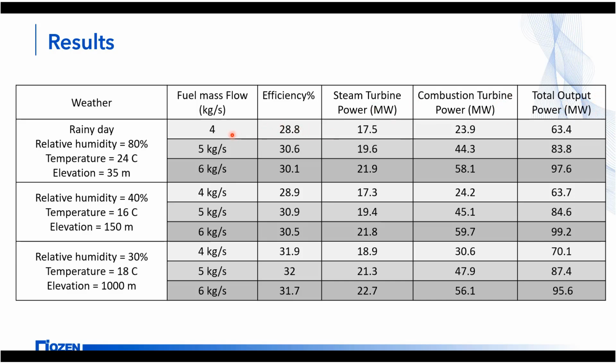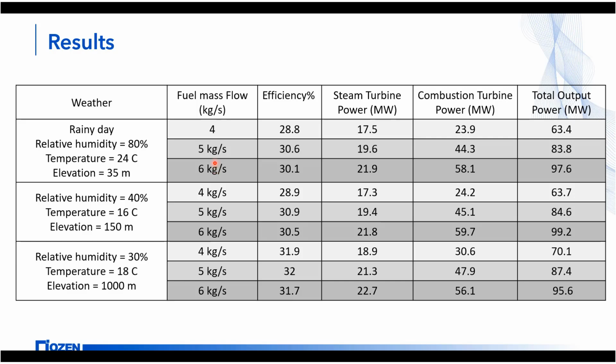So you can see that when we change the weather conditions for each specific mass flow rate of the fuel, for example 4 kilograms per second, the efficiency increases from 28.8 to 28.9 to 31.9%, and same for the output power. This is also the same scenario when we check 5 kilograms per second and 6 kilograms per second.